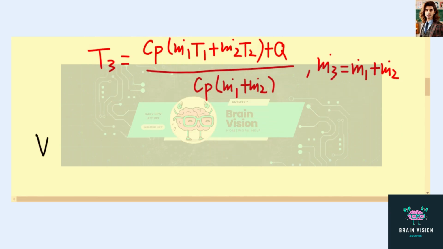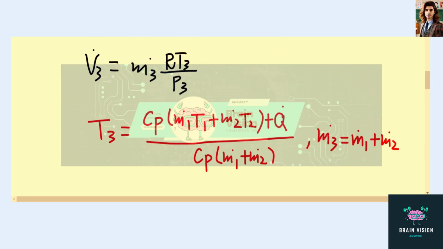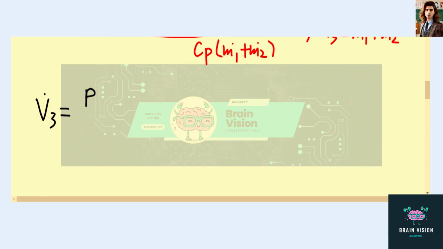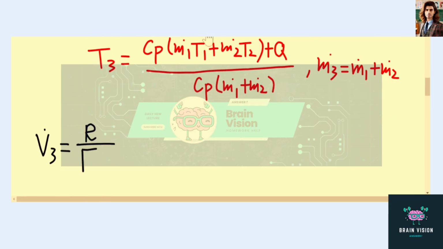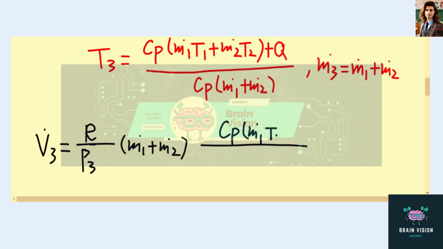So we have a new equation for the volume flow rate of the mixture, which is equal to R over P3 times M3, which is M1 dot plus M2 dot, times T3, which is Cp times M1 dot T1 plus M2 dot T2, plus Q dot, over Cp times M1 dot plus M2 dot.